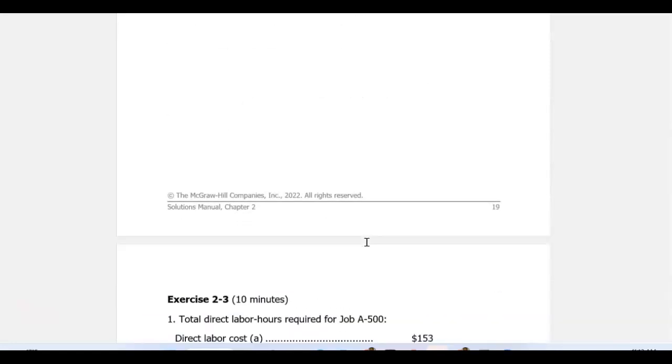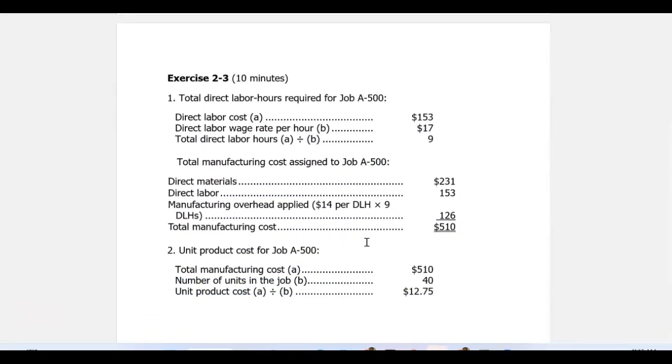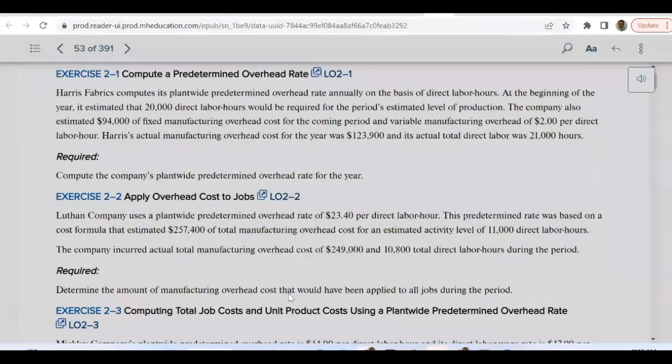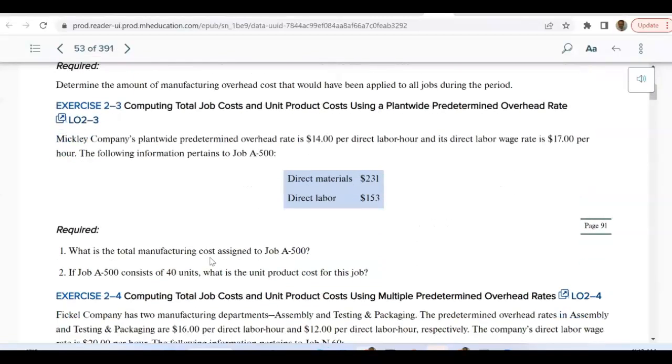Let's do number 3. It says computing total job cost. The company's plant-wide predetermined overhead rate is $14 per direct labor hour. That's the plant-wide predetermined overhead rate.